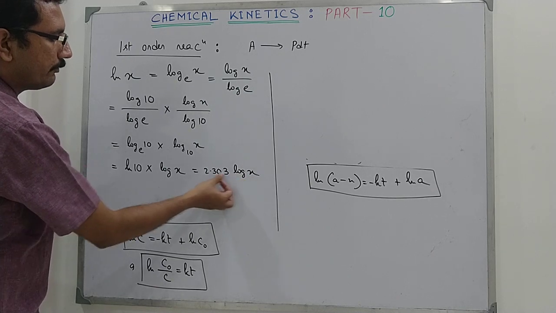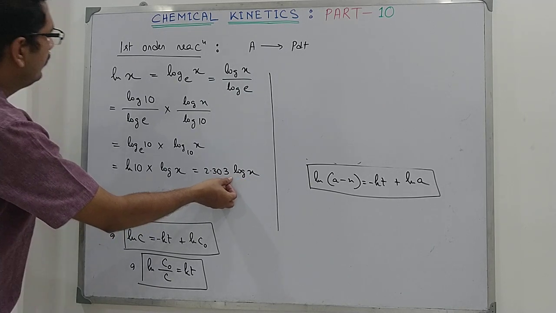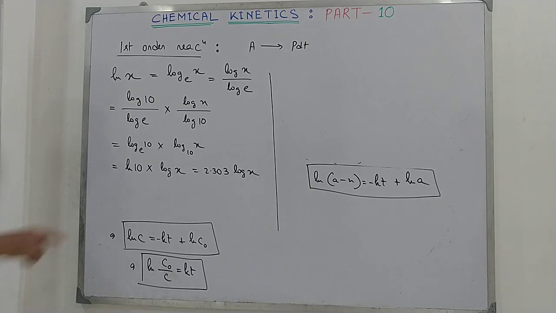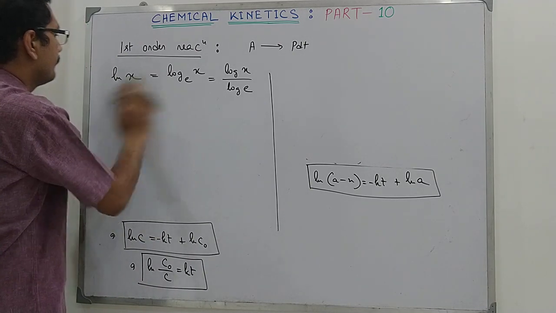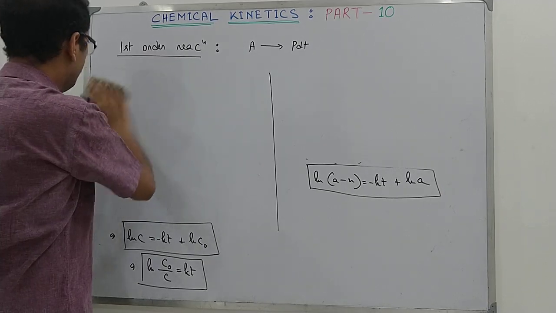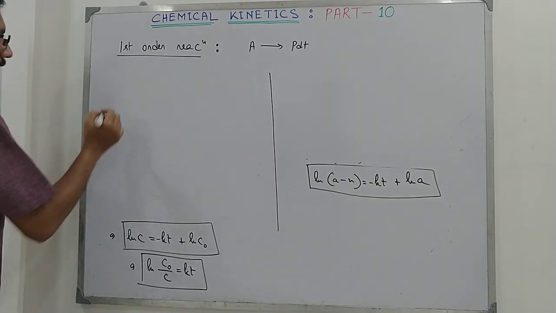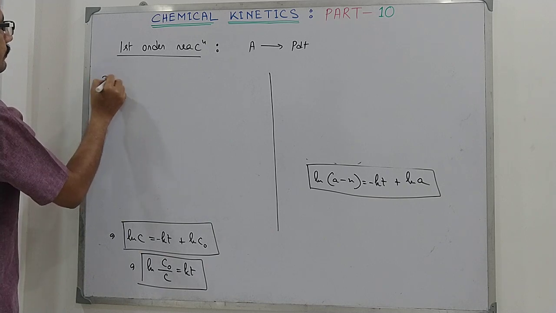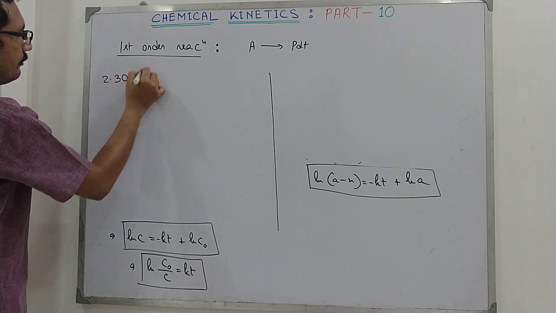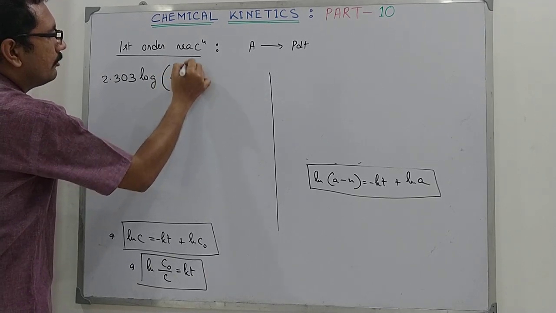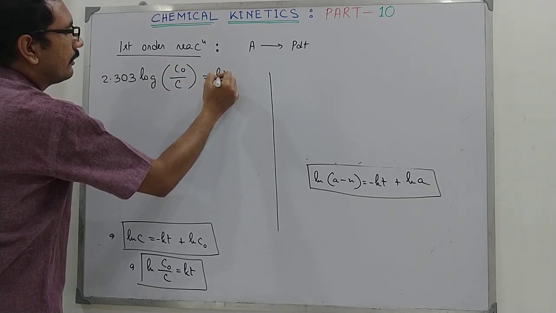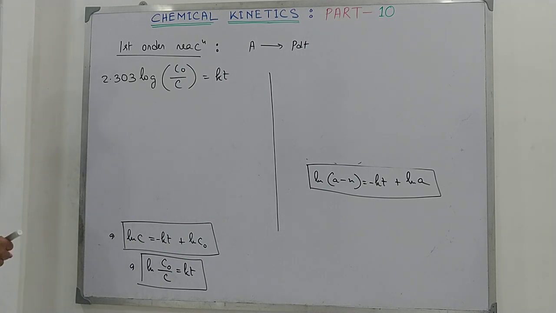So the log 10 base x when multiplied by 2.303, it will give the log natural x. So another form of this expression is, we convert this log natural to log 10 base. So it will be 2.303 log C0 by C equals kt.